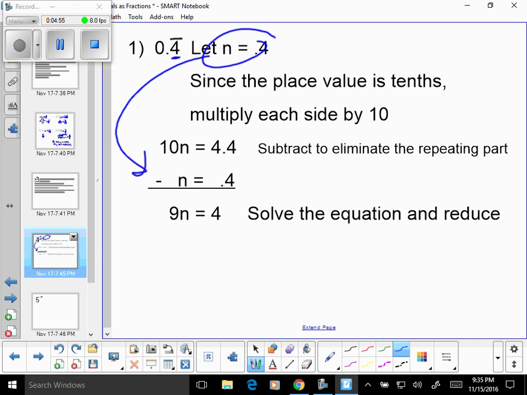This 0.4 and this 0.4 will be a 0, so I'm left with 4. Notice that I now have a one-step multiplication equation. I'm going to divide both sides by 9, and n will equal 4 ninths. So 0.4 repeating is going to equal 4 over 9.